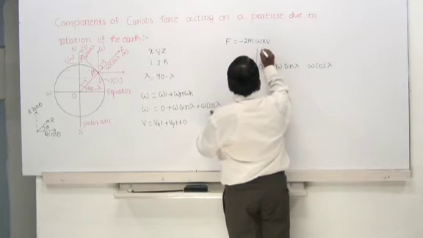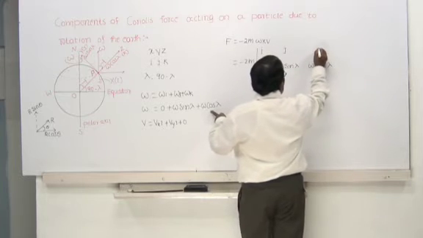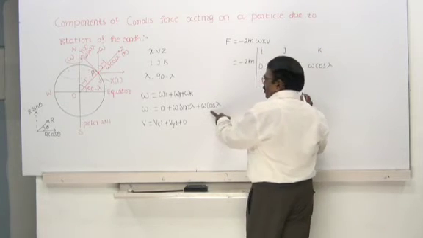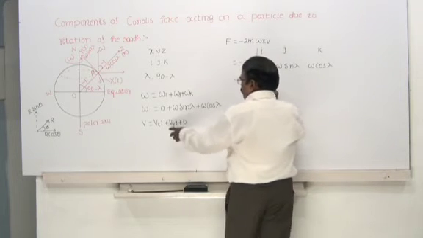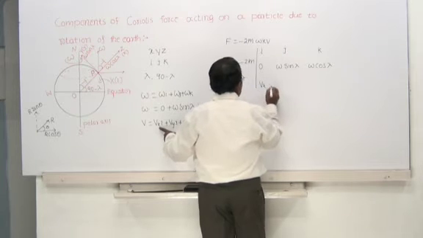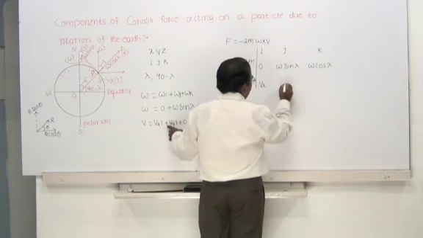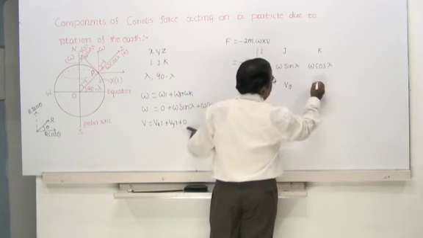Of course, this row is i, j, k. And the velocity is Vx, Vy, and 0.